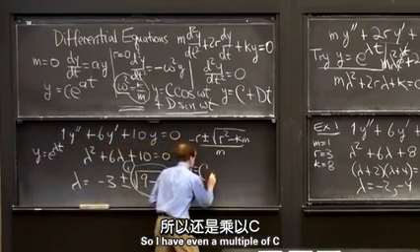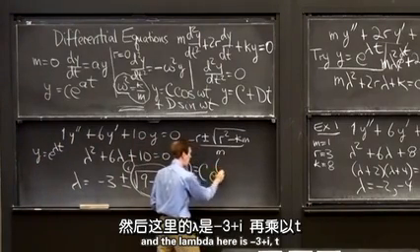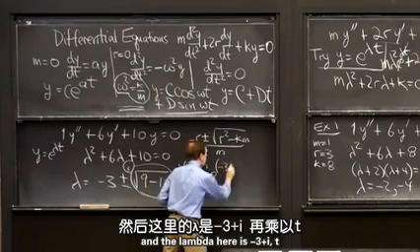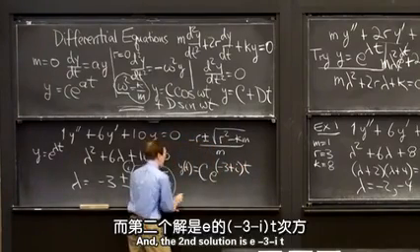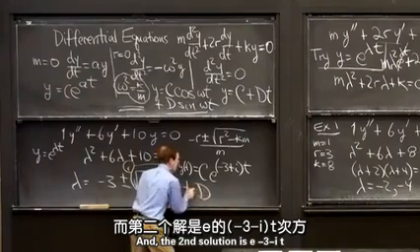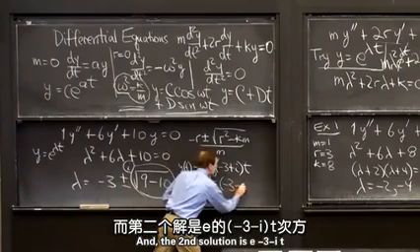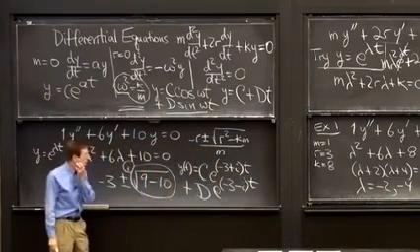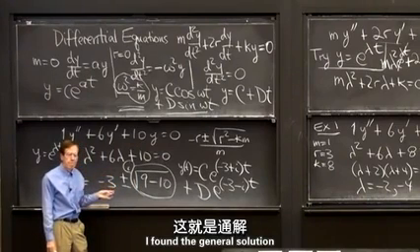So I have any multiple c e to the minus 3 plus i times t, and the second solution is e to the minus 3 minus i times t. I found the general solution.